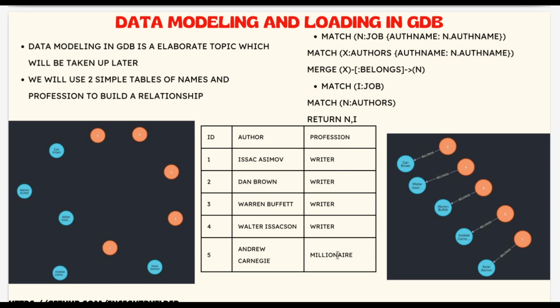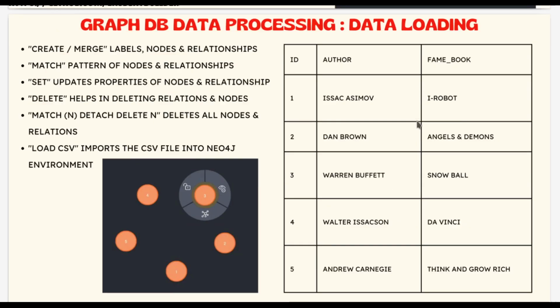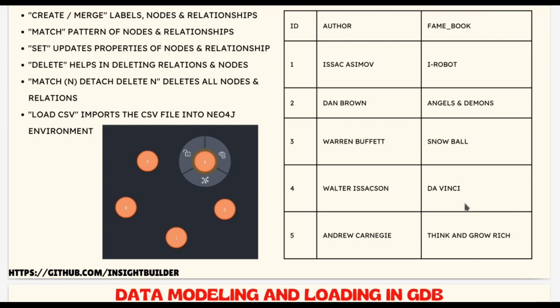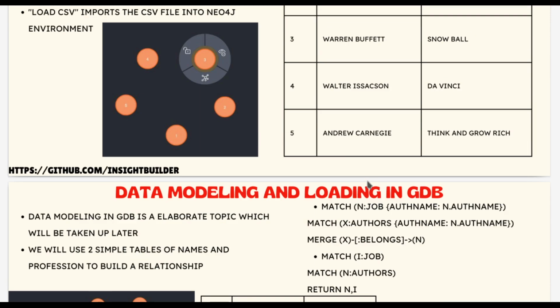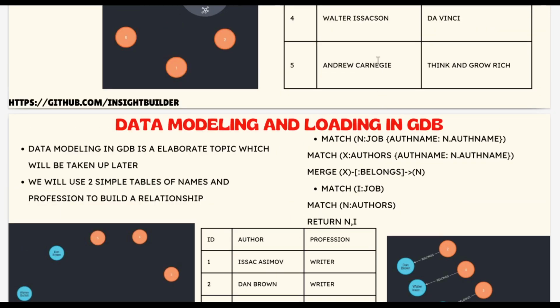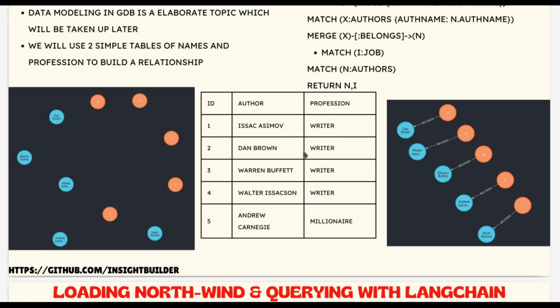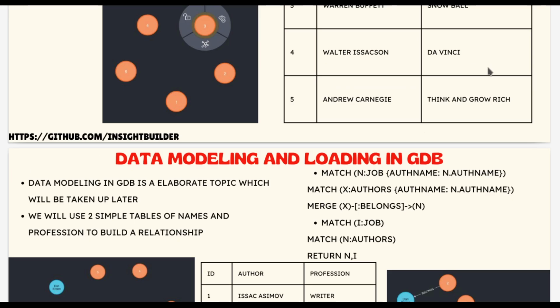This other CSV file contains the profession and the author name, in this case the famous book, the book that made this author famous, like iRobot, and the author name. We can see the author name is constant between this table and this table, and you can use the author names to create the relationship between their profession and their book.